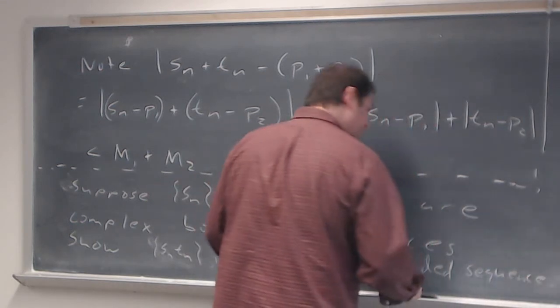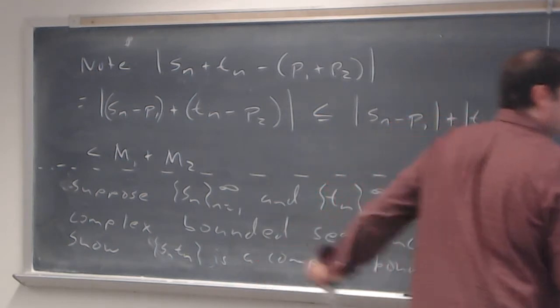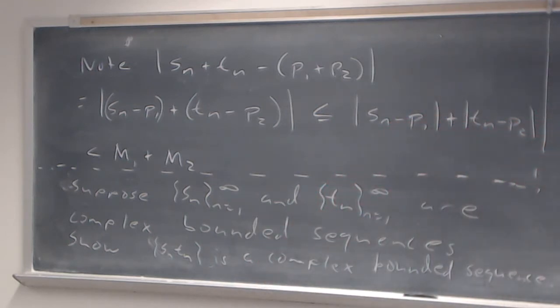And it sounds like, Melissa, that you would have tried what we tried for the sum. Is that correct? What did you think the P was for S times T? What I did was I went ahead and multiplied the definitions of the distances for the two bounded sequences together.